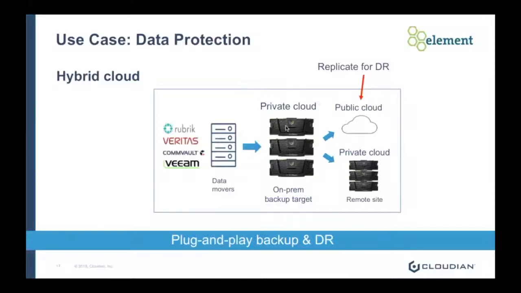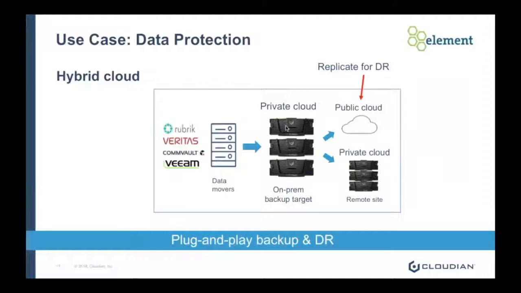They're already shipping it in beta, and they're announcing it publicly to the world in another week. Everyone now has S3 connectivity built into their solution, which means you've got a way to connect to S3 storage in your data center, which gives you a very cost-effective, scalable on-prem repository for backup data.